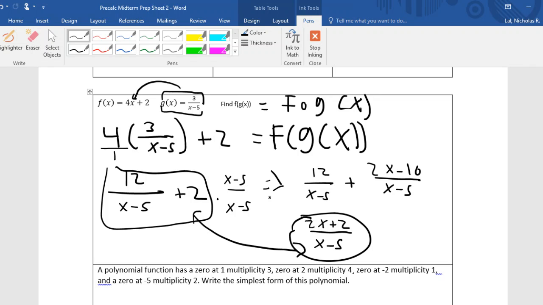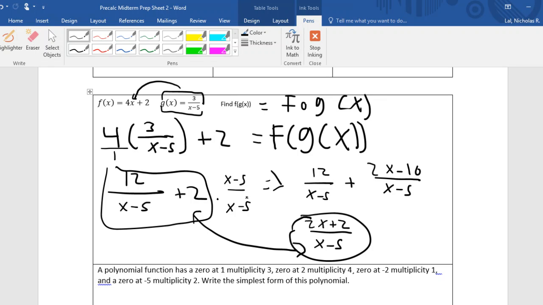I did not have a common denominator when I had 12 over x minus 5 plus 2. You need a common denominator to add fractions, so multiply 2 by x minus 5 over x minus 5. 2 times x is 2x, and 2 times negative 5 is negative 10. So I had 12 over x minus 5 plus 2x minus 10 over x minus 5. The first answer is correct, but it simplifies to 2x plus 2 over x minus 5.